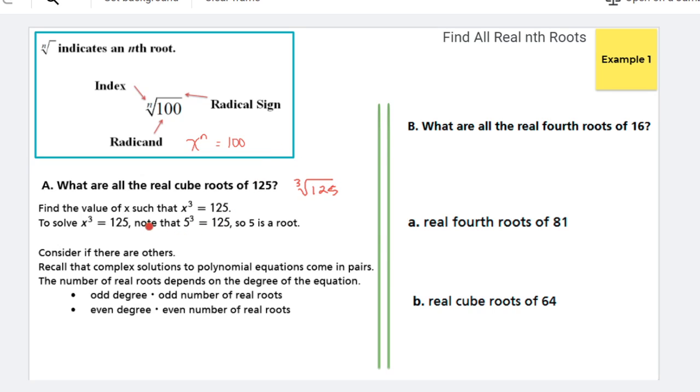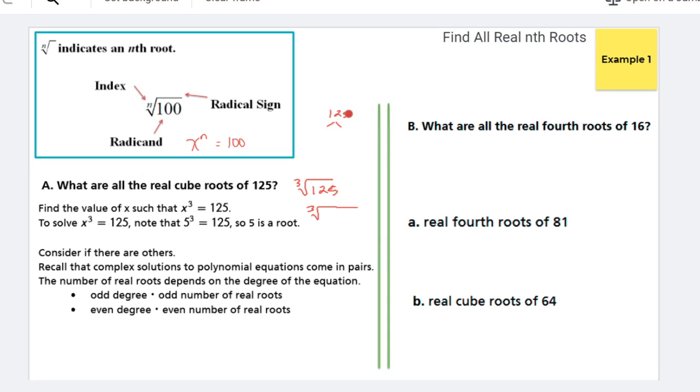I think it's interesting here because they expect you to know that 5 cubed is 125. So I just want to show you a little trick. What I actually do is find the prime factorization of 125. I'm going to break it down into a factor tree.